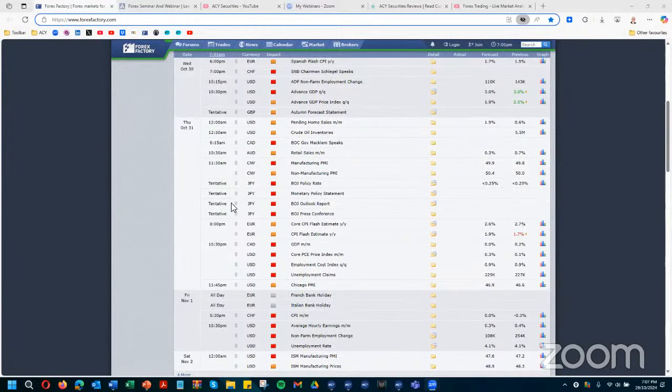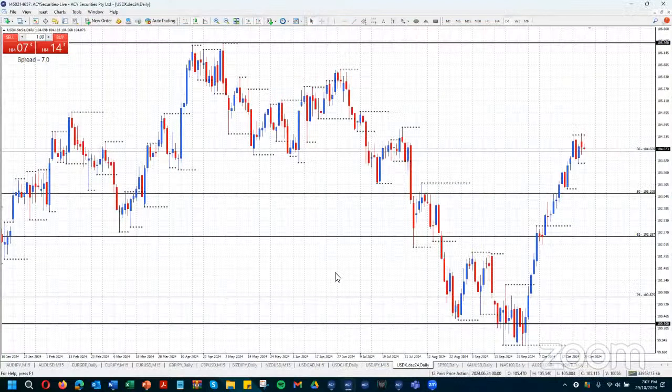And of course, the monetary policy statement from the BOJ Thursday, around about 1:30 comes in. All right, so we've still been seeing, relatively speaking, US dollar strength, maybe getting into a slight holding pattern at the moment. So here's the US dollar index.